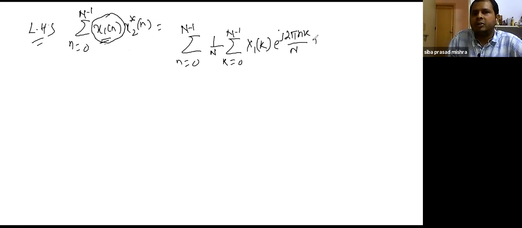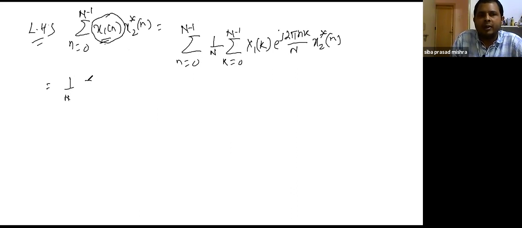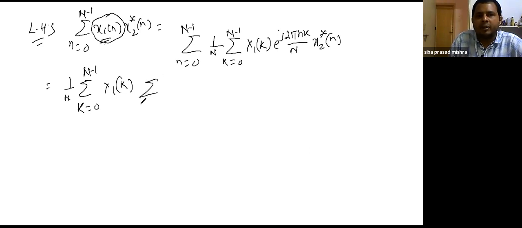Okay, x2 conjugate n as usual. That equals this 1 by N, and for the summation part, we do a simple interchange of summation. You will get 1 by N summation of k from 0 to N minus 1 of x1 k, then what is left?